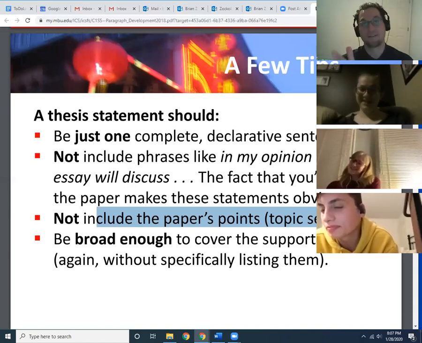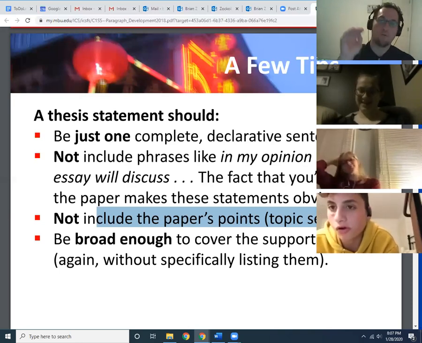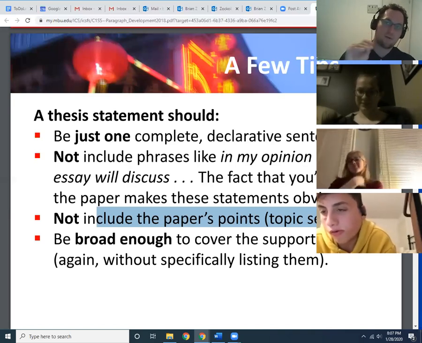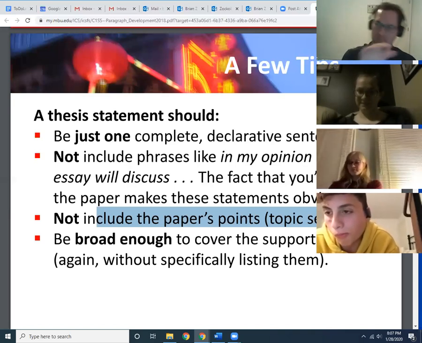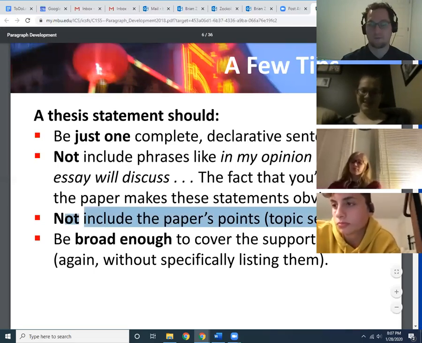If I was going to make the thesis statement that the Orioles are the best team in baseball, my thesis statement would be the Orioles are the best team in Major League Baseball. A support to that would be the Orioles are the best team in baseball because Camden Yards is the prettiest park in baseball. Your thesis statement should not include the main points or the supports.